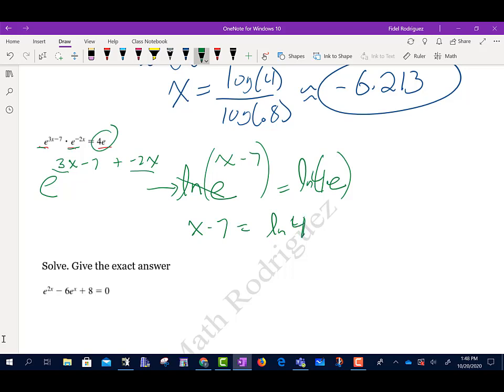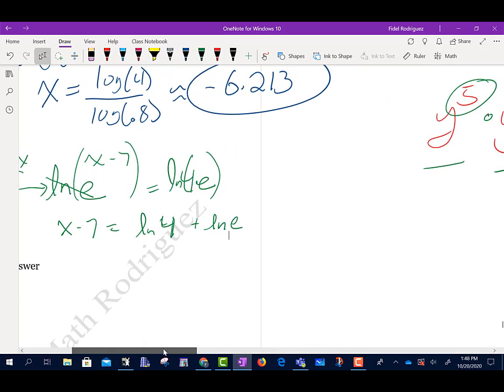This is going to be the natural log of 4 plus the natural log of e. So now we have x minus 7 is equal to, I don't know what the natural log of 4 is, but the natural log of e, remember the natural log and the e cancel out. What was the power here? It was a 1. So I have natural log 4 plus 1.